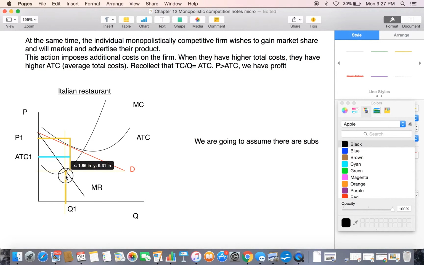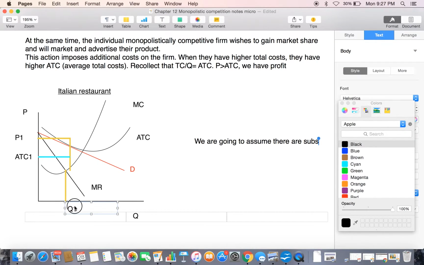So we will be now producing fewer meals because we're one of now many Italian restaurants in the town. So the quantity demanded for our meals will change because our marginal revenue curve shifted, because our demand curve shifted, and we'll produce where marginal revenue intersects marginal cost at this new Q2, which is less than the quantity we were originally producing.